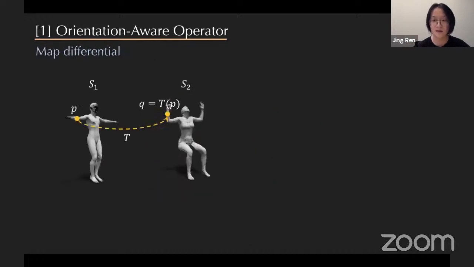So how do we do that? Let me first give some definitions of the map differential. Assume we have a pair of shapes S1 and S2, and a smooth map T, which maps a vertex P to a vertex Q of the second shape.